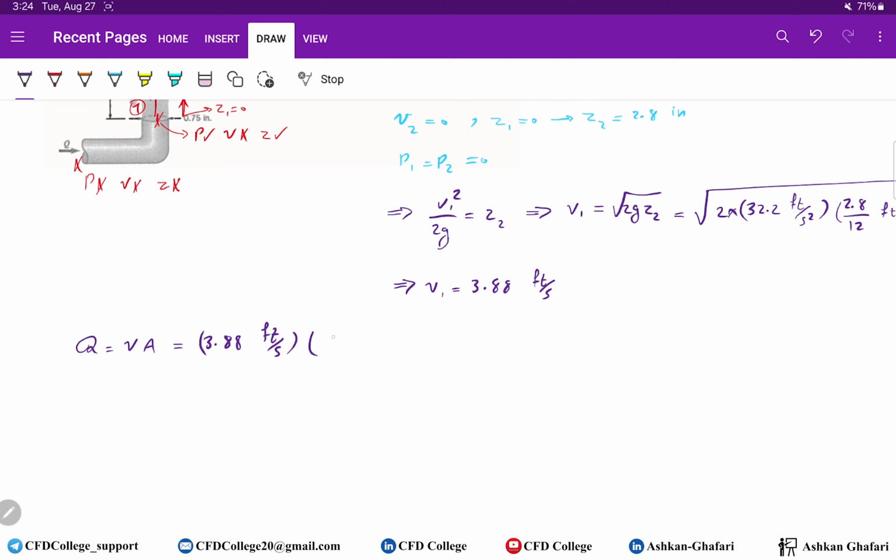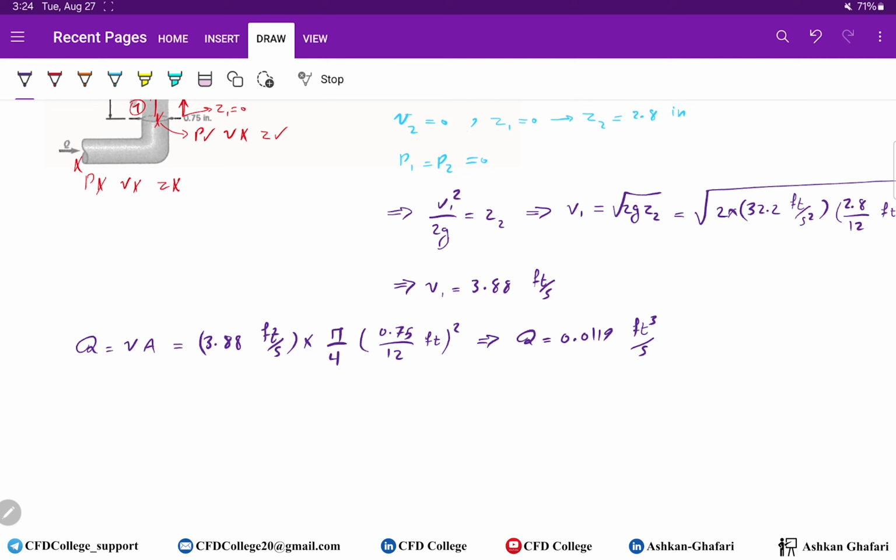The area is pi divided by 4 times diameter, 0.75 over 12, because we need it in feet, squared. So from this equation you can find the flow rate, 0.011119 cubic feet per second.